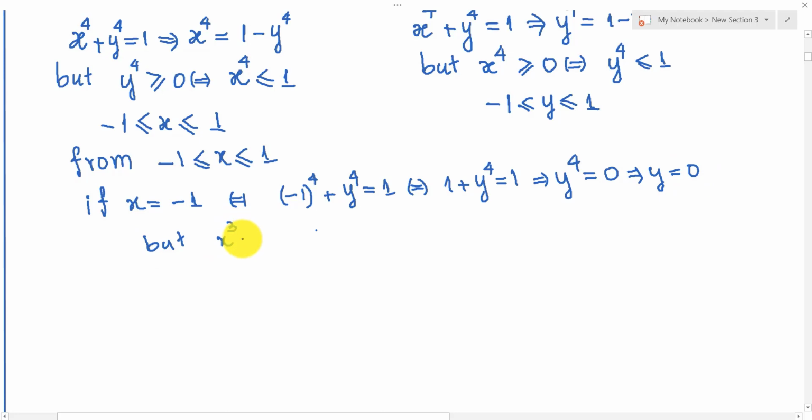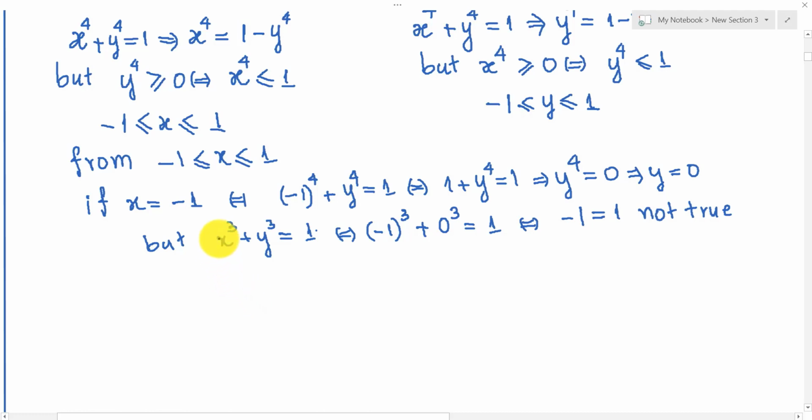But x^3 + y^3 = 1, so if we replace x by -1 and y by 0, we get (-1)^3 + 0^3 = 1, so -1 is equal to 1. So it's not true.